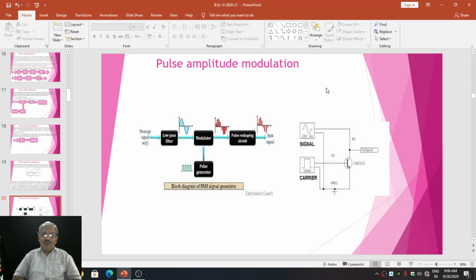These are what you have to remember as digital modulation techniques in terms of the conceptual aspects. So that's all about digital modulation.